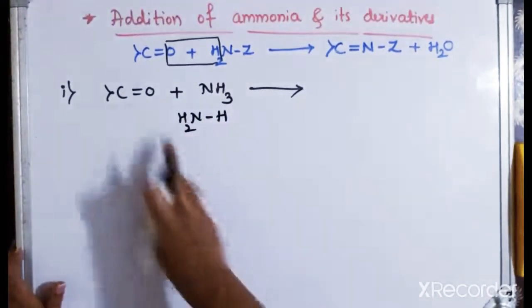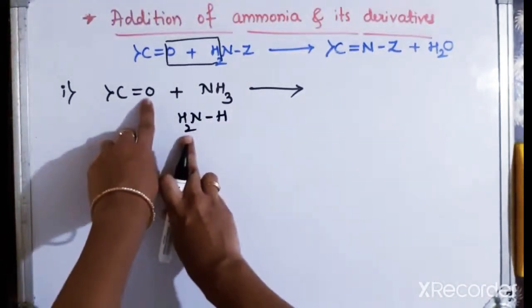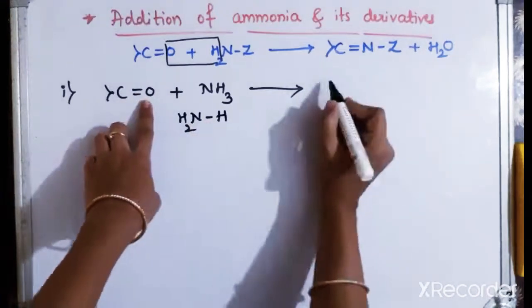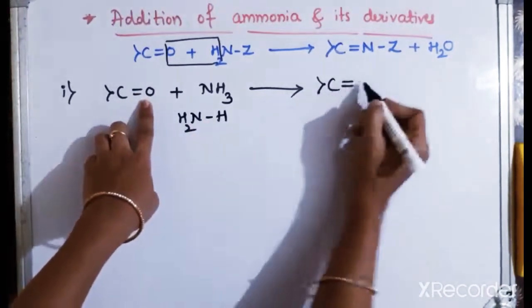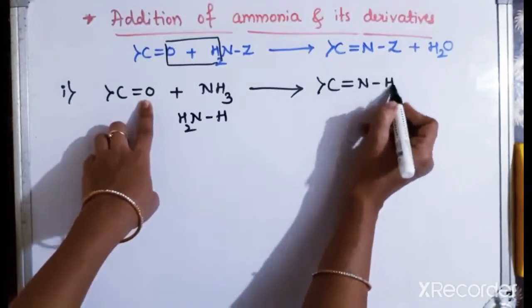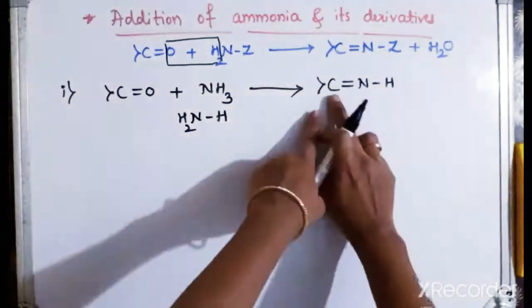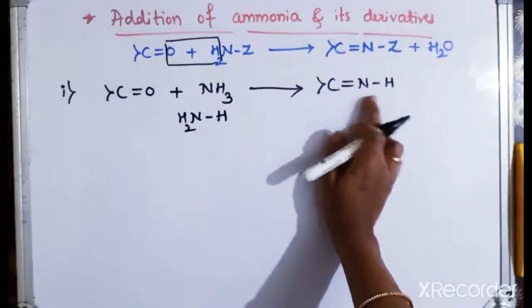NH2H. There is a loss of water and a double bond is formed with nitrogen. The formed product is NH, here we have H in place of Z. So the product has the formula C double bond NH.